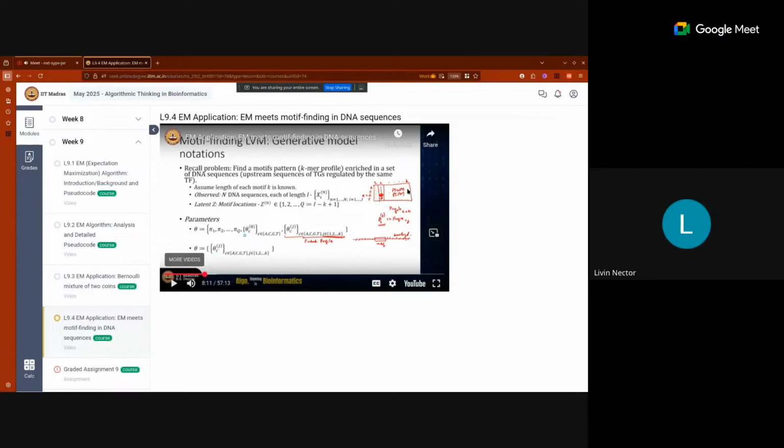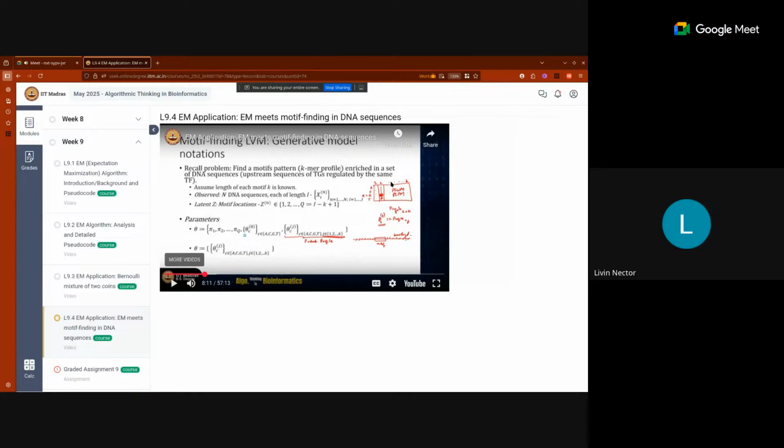So in the coin case, the coin is the latent variable, and then the probabilities of the coin being heads or tails is one thing. Here instead of heads or tails, we have 4 DNA nucleotides, and the position will be the latent variable, which is like which coin is chosen.